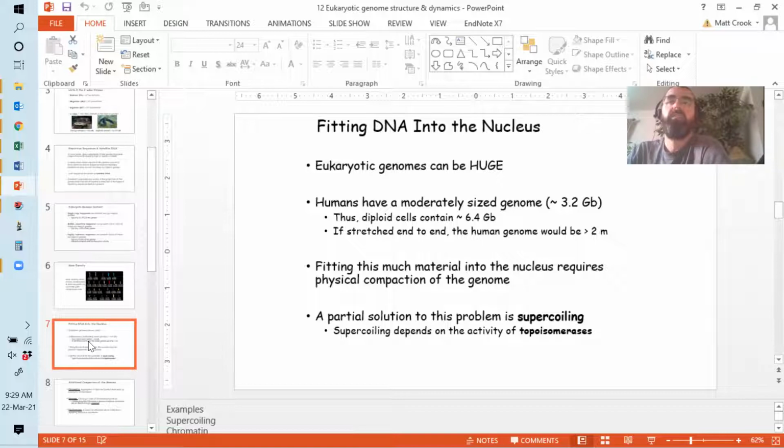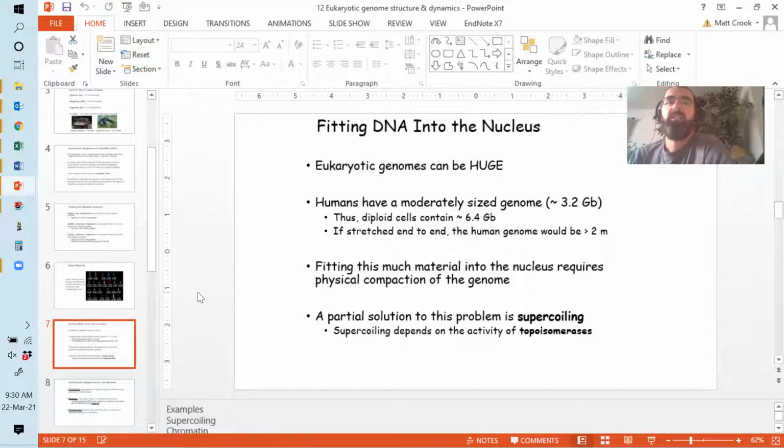So that's the conundrum: we have to fit our genome into a very small space, but at the same time, we have to be able to access it, either to copy it for DNA replication for cell division, or to transcribe it as part of gene expression, right? To be able to turn that information into something functional.